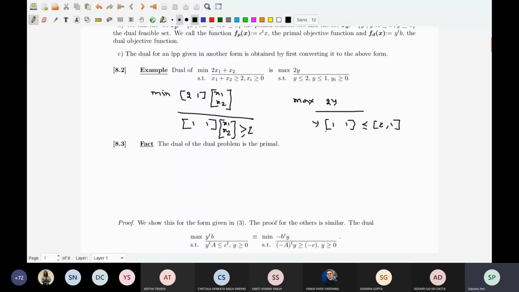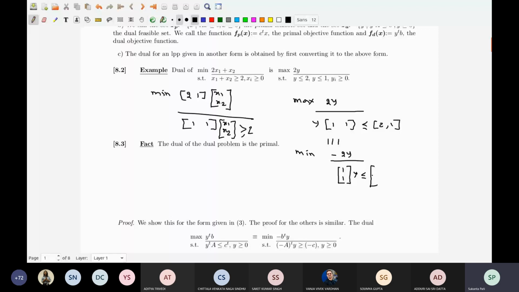If we want to write the equivalent problem, it will be something like: maximize f(x) is minimize minus f(x), so minimize minus 2y subject to, let me write this way, (1 1) y, where y transpose was a single element, so just y less than equal to (2 1), y greater than equal to 0.